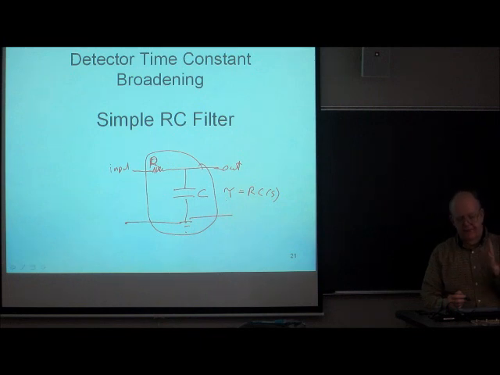Now, electronically speaking, if you go into the input of an RC filter with an impulse, a very, very narrow pulse, the pulse goes up, goes flat, comes down. An impulse is a pulse function which has essentially zero width.